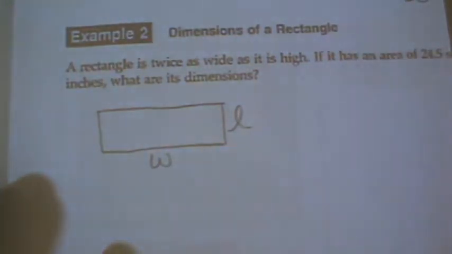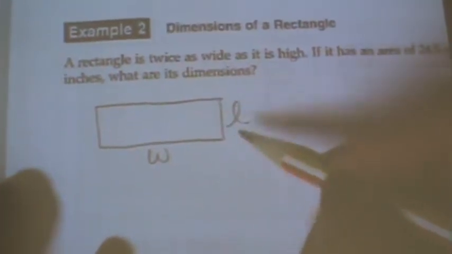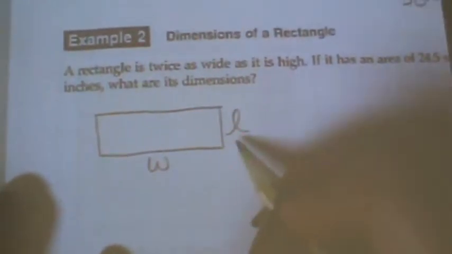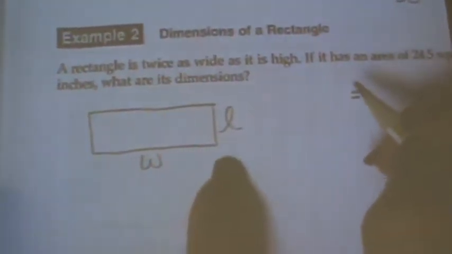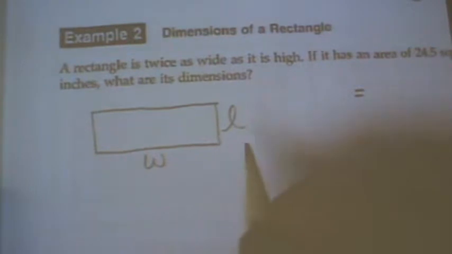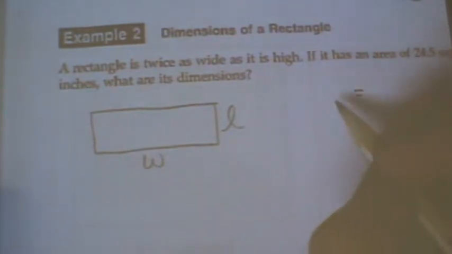This is saying that it is twice as wide as it is high. So it's twice as wide as the length. What would we have to do to the length to make these two equal to each other?